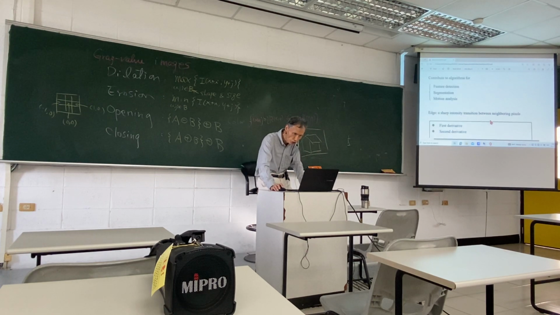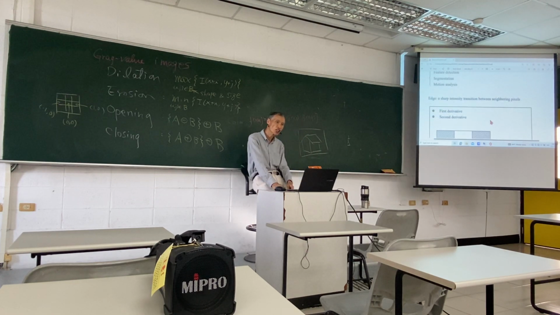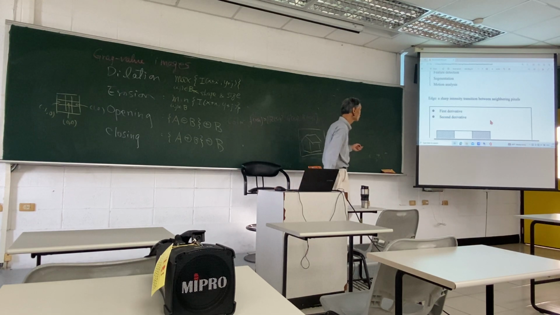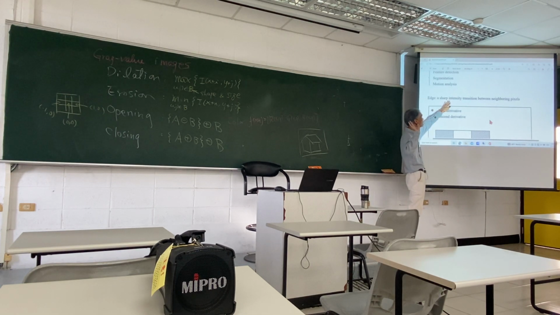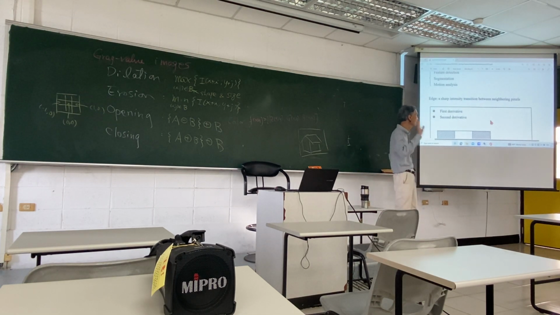So first, we need to define what we mean by an edge in an image. The edge, by definition, in an image is nothing but a sharp intensity transition between neighboring pixels.